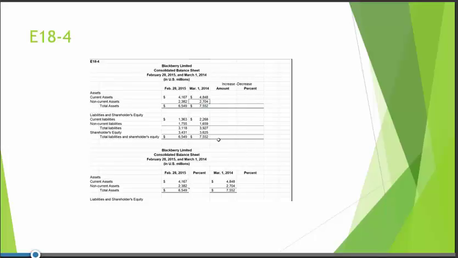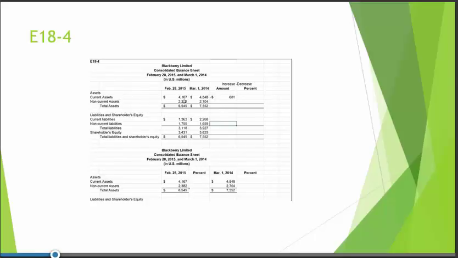So the amount is going to be the numeric change between the current year and the prior year. So that would be current assets in February, $4,167 minus $4,848. When we look at that, that is a decrease, the minus sign, of $681.